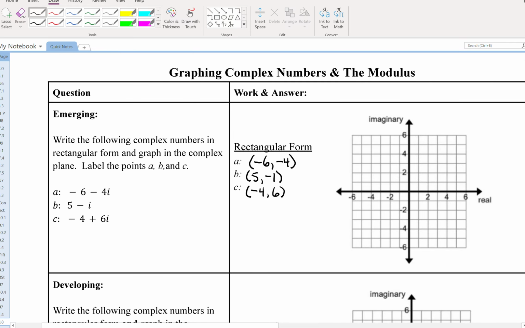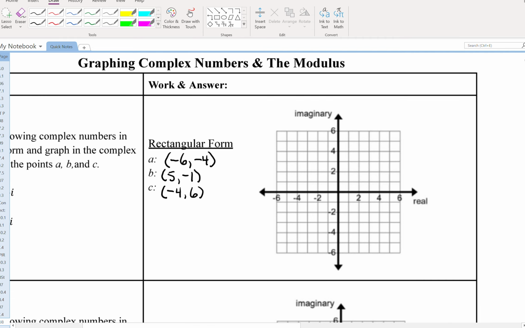Pretty straightforward. On the complex number plane, the real plane is horizontal, and the imaginary plane is the vertical axis.